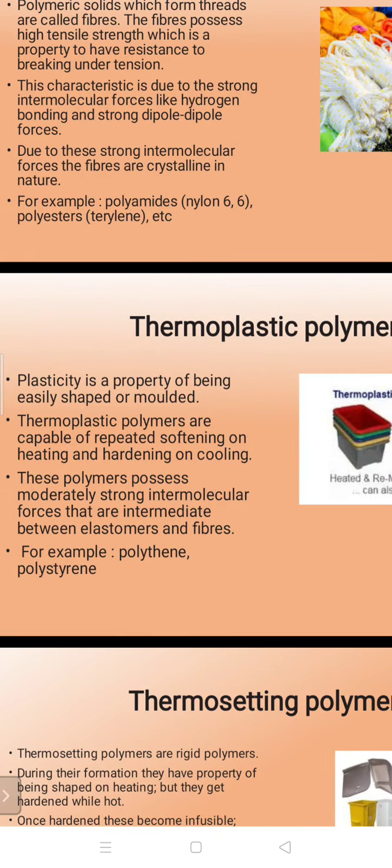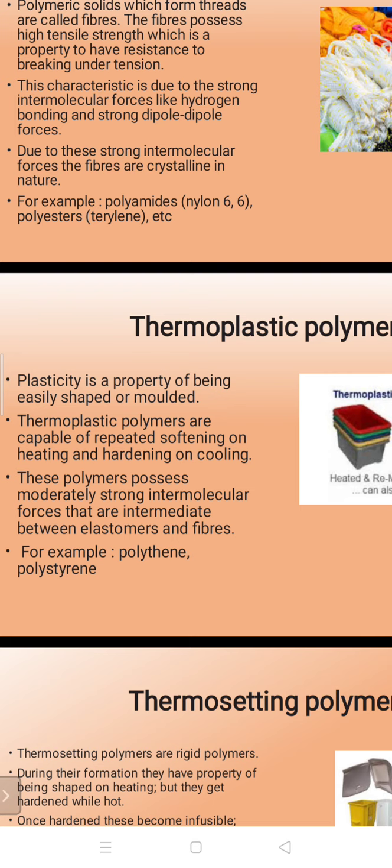Thermoplastic polymers are capable of repeated softening on heating and hardening on cooling. These properties are very important; they play a role in the making of thermoplastic polymers. These polymers possess moderately strong intermolecular forces that are intermediate between elastomers and fibers.